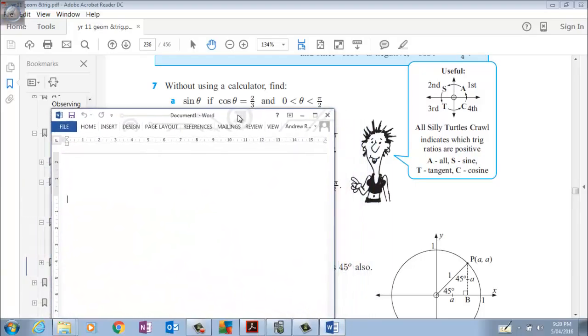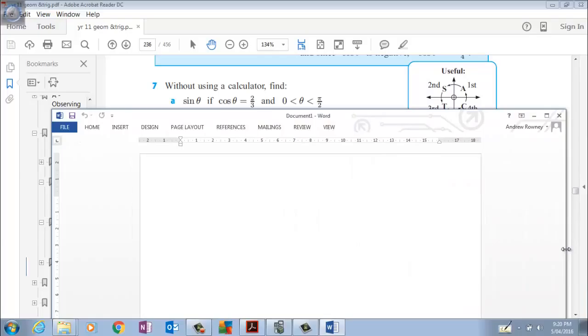So I'll do the first one, where we've got cos theta equals 2/3, and we have to work out sine theta, but they give us a constraint, which is that theta has to be between 0 and pi on 2. In other words, we are in the first quadrant.